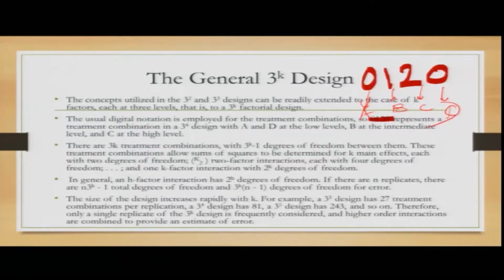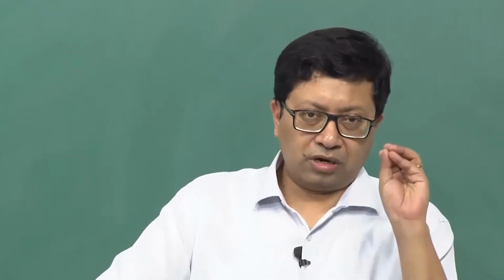In case, for example, the factors are A, B, C, D, and the levels are 3, the overall effects can be given so called weights. Let me use the word weights. So, they are -1, 0, 1. So, obviously, if A is -1, it is the lowest level, B is at 0, the middle or normal level, C is +1, the highest level, and D is again +1, the highest level.